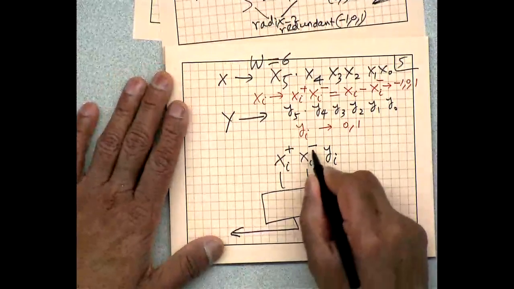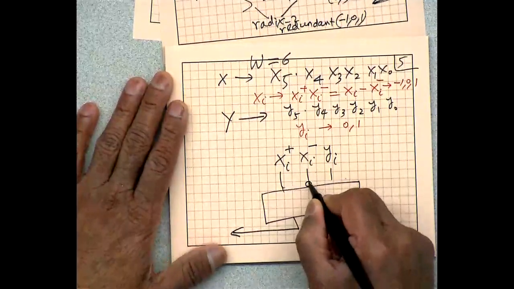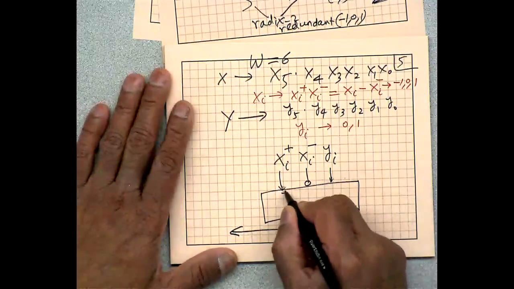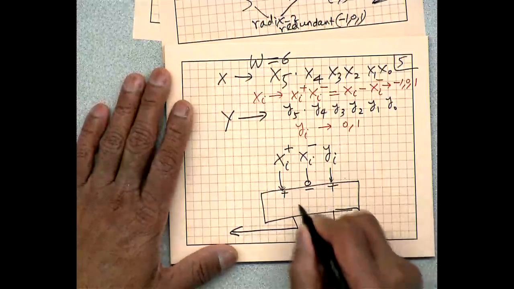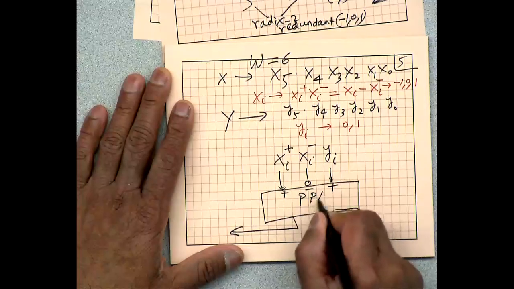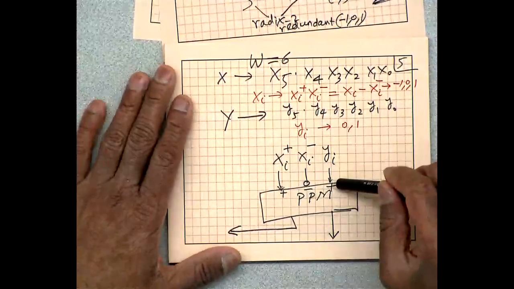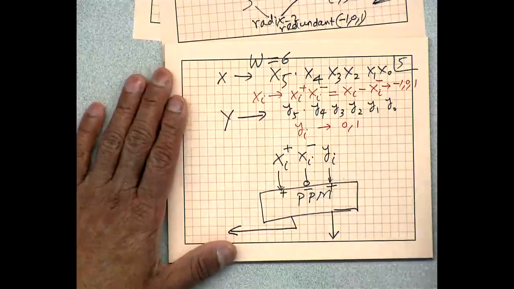Now this bit is negatively weighted. We will put a bubble here to represent that it's negative. This is plus, this is minus, this is plus. So we can call this an adder which is called PPM, plus, plus, minus. Two operands have positive weight, one operand has negative weight.